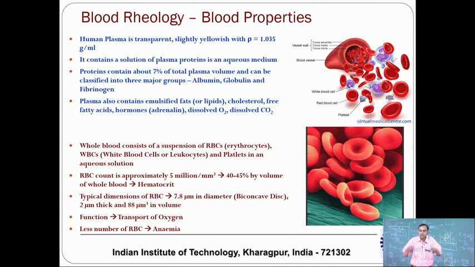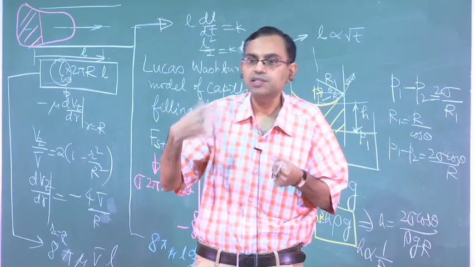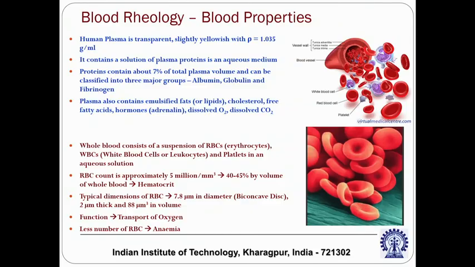Under shear this biconcave disc shape is disrupted, and there is a shape variation of the red blood cells, and that can alter the dynamics very interestingly. Therefore, the rheology of blood is such that shear alters the effective viscosity. Effective viscosity is also a function of shear in blood.